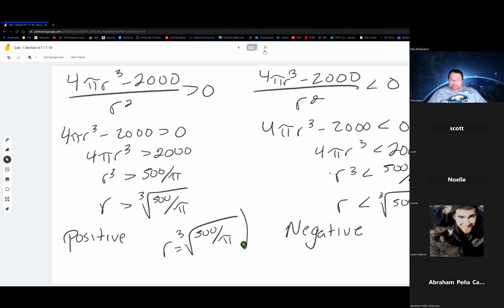That right there is a minimum, and that's because it's positive after it and negative before it. So it's going down into that point and up out of that point. So my radius has got to be that.